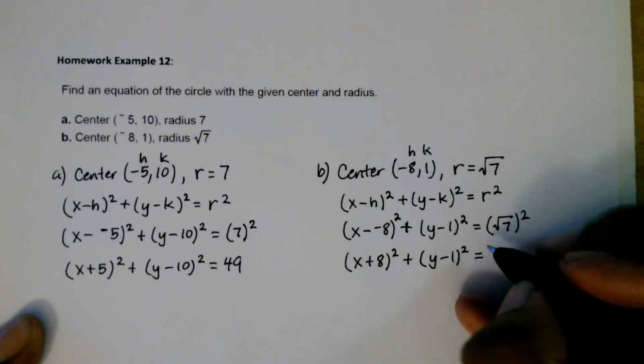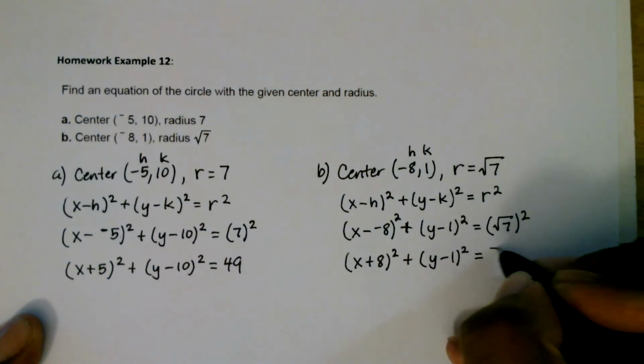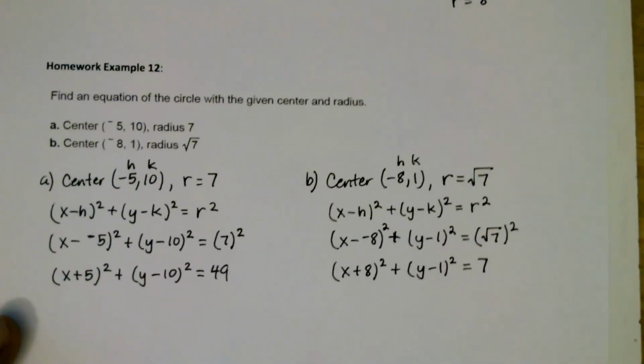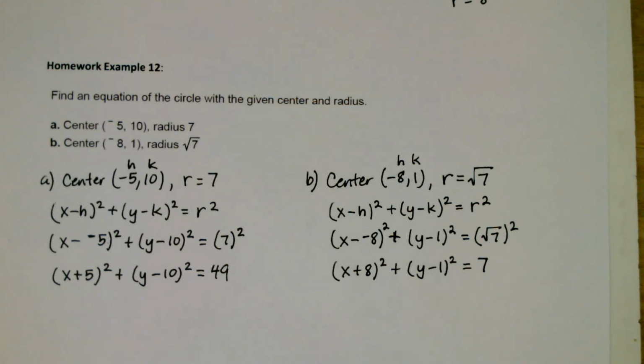Square root of 7, you turn around and square it, wipes out that radical, so you'll end up with 7. So the equation of the circle with the center at (-8, 1) and a radius of the square root of 7 would be x plus 8 quantity squared plus y minus 1 quantity squared is equal to 7.